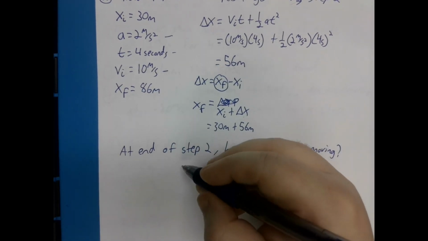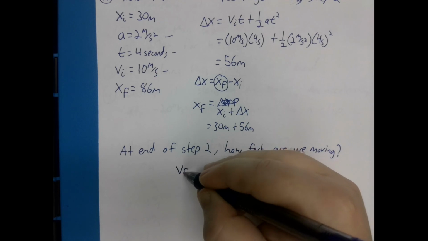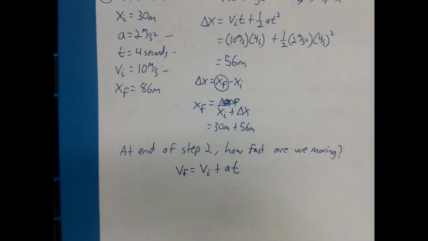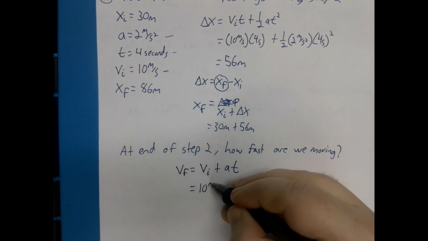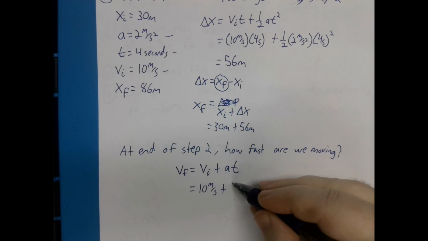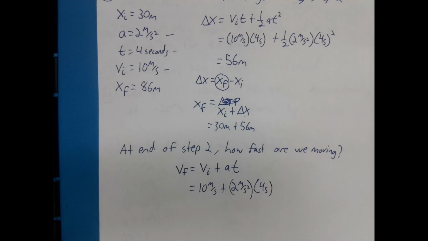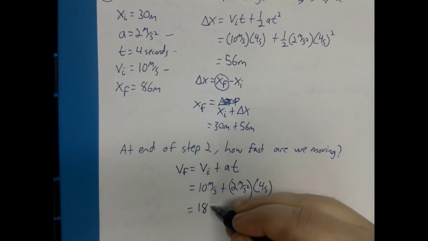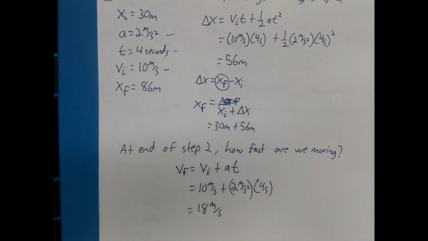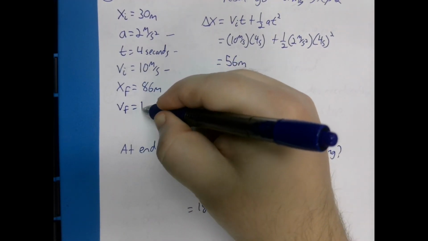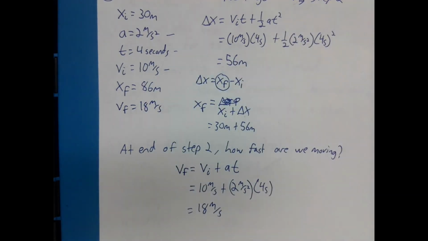We can use the first equation: final velocity is equal to initial velocity plus a times t. So we started out going 10 meters per second. We're accelerating at 2 meters per second squared for 4 seconds. So we end up going 18 meters per second. So at the end of this, we're going 18 meters per second.